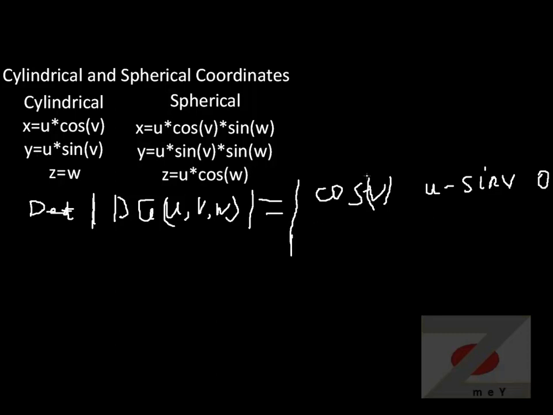Now let's take y. y with respect to u would be sine v. y with respect to v is going to be u cos v, and y with respect to w is going to be 0. And finally, z with respect to u is 0, z with respect to v is 0, and z with respect to w is 1.